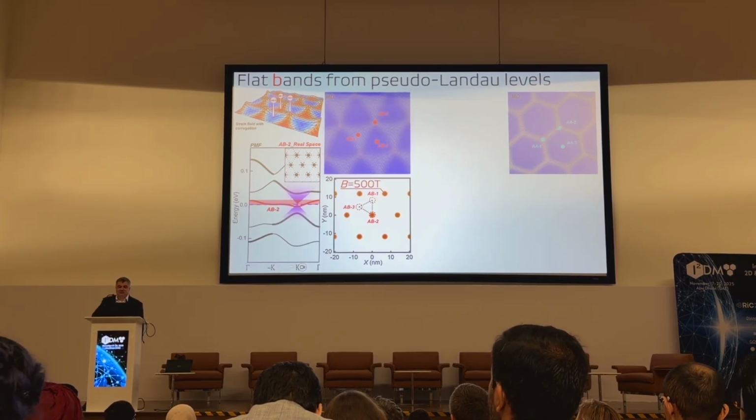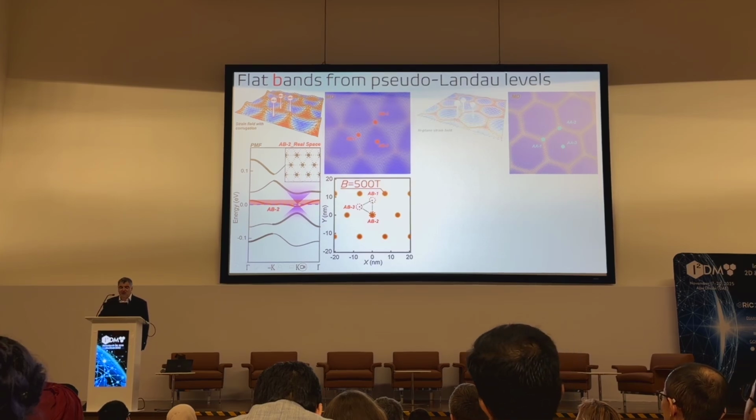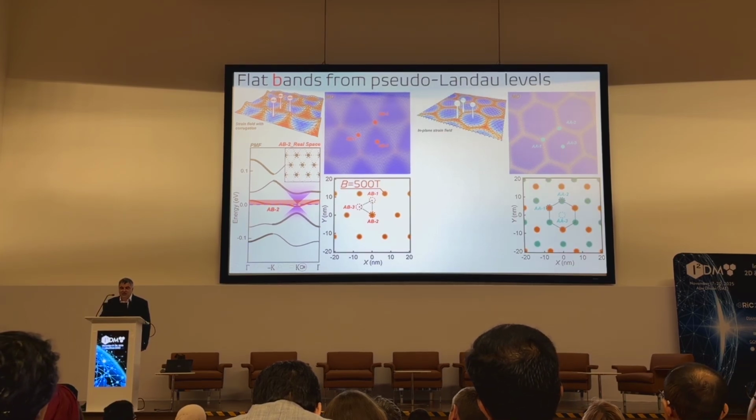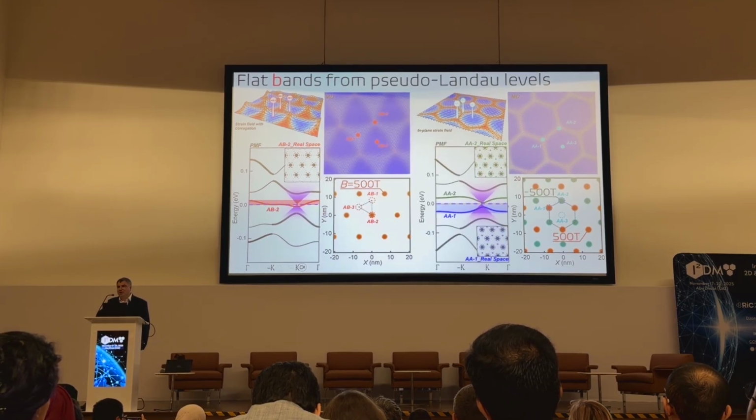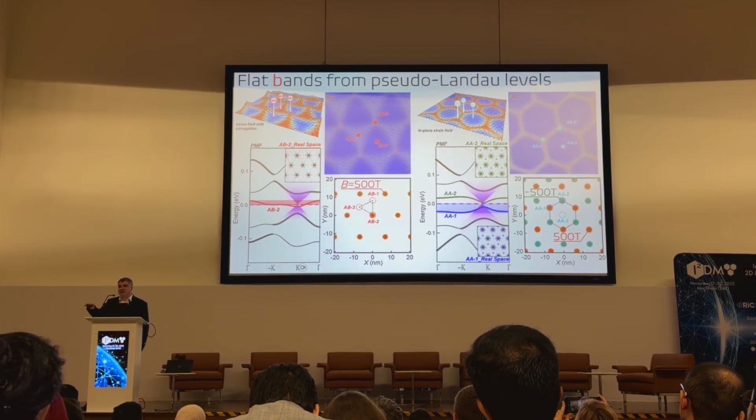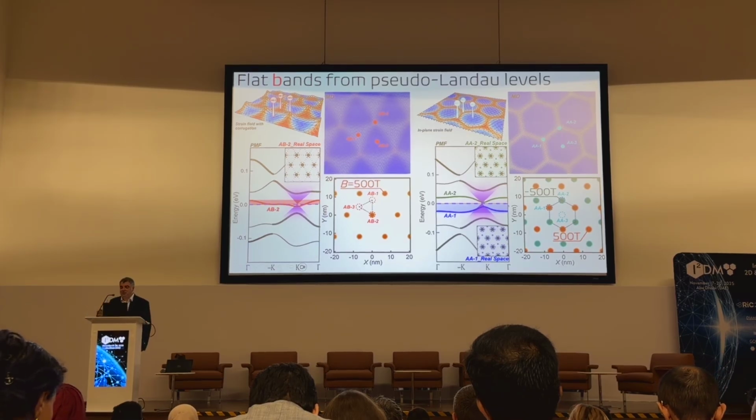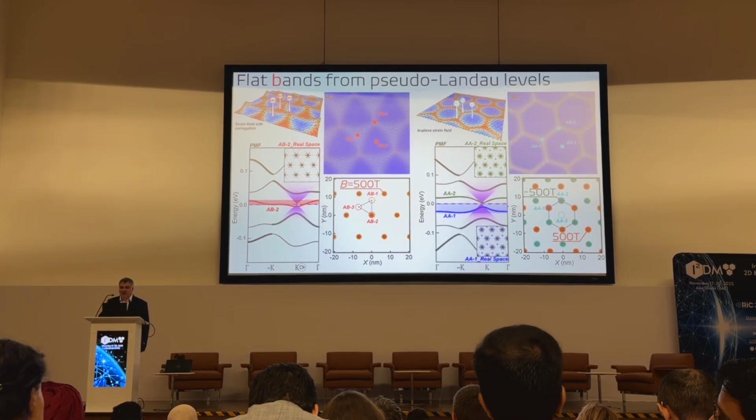That's this red band. Now it is the same after the transition. You also have it, but here you have twice as many of those vertices. So you have two of those flat bands which correspond to the zero Landau level.